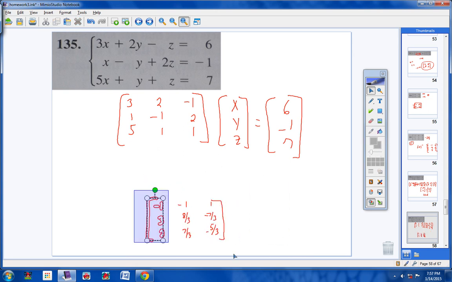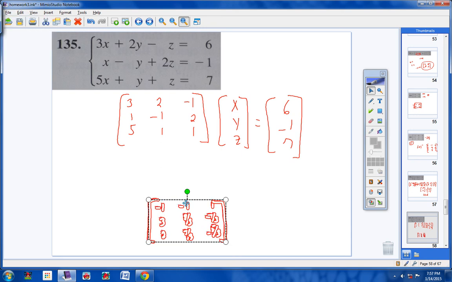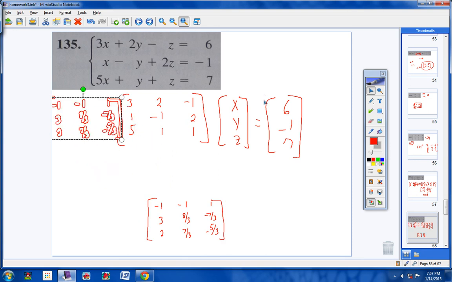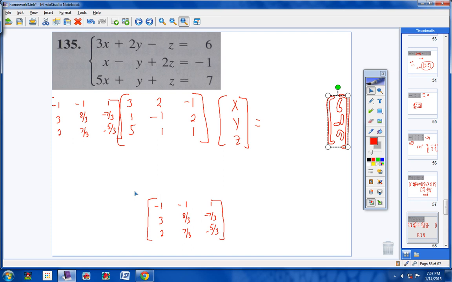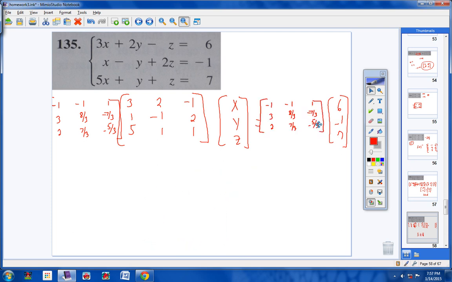So we're going to multiply this times both sides of the equation, so we'll squeeze it in here. And then we're going to take this matrix here and maybe shrink it a little bit, slide it over, and then slide this right up here. Remember, you always put the inverse matrix first, okay?